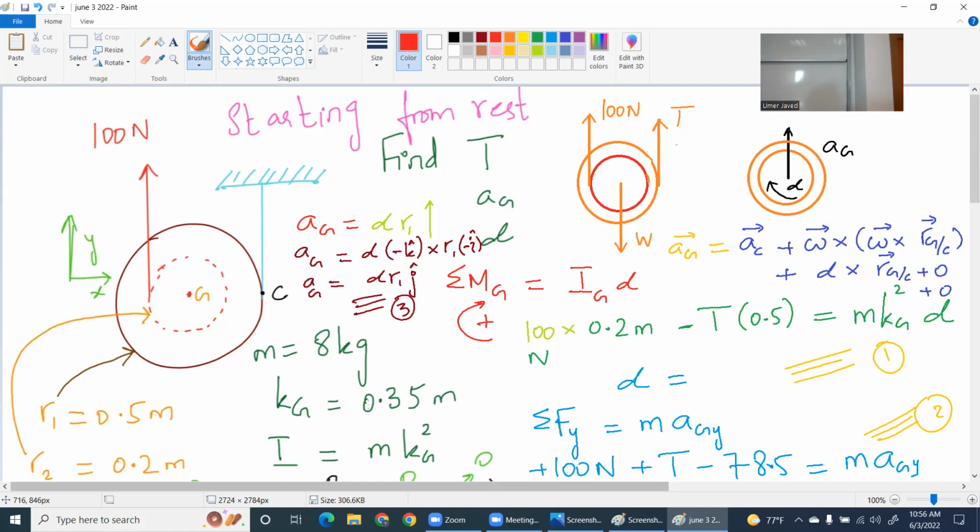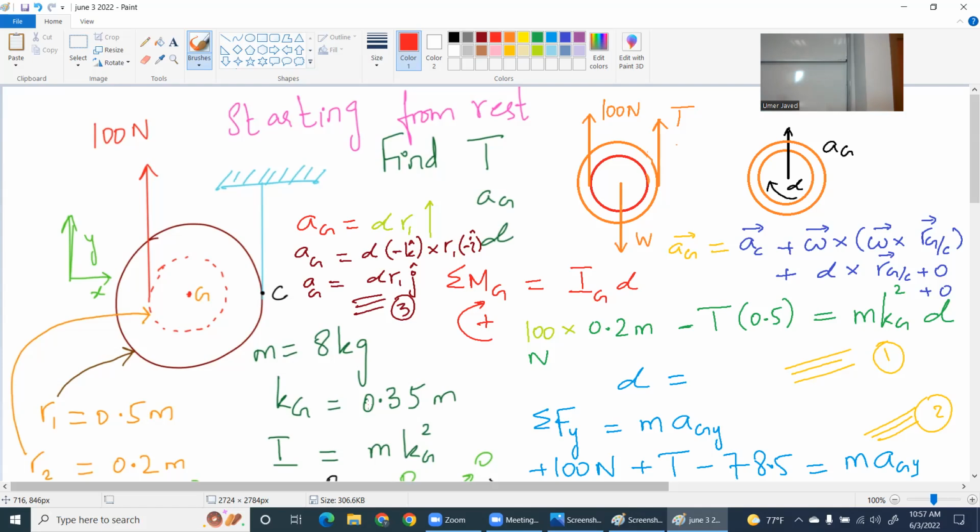Do it. So this is the second method. Just to give you a hint, it will definitely challenge your imagination a little bit. First write summation MC is equal to IC alpha, then equal to IG alpha plus another term, that is MAG multiplied by D. There is a D as well in that.